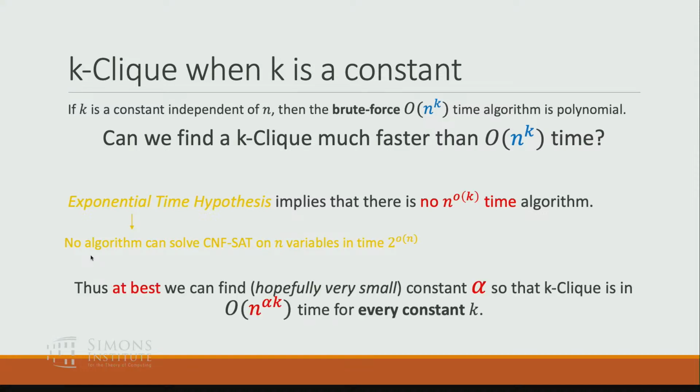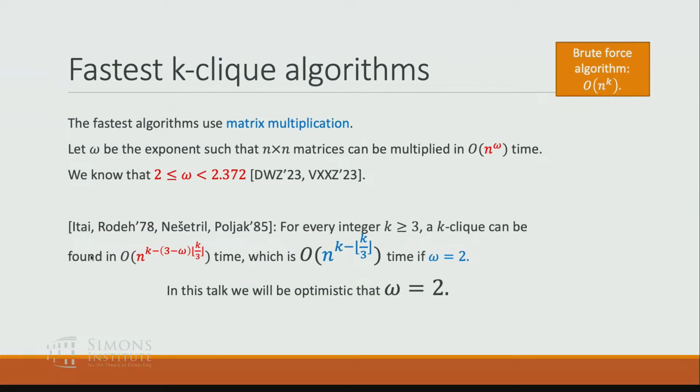So under the exponential time hypothesis, the best we can hope for is to find a constant alpha so that k-clique finding can be solved in n to the alpha k time, hopefully for some alpha very small and less than 1. Indeed, there is a better algorithm that gives some alpha less than 1 using fast matrix multiplication.